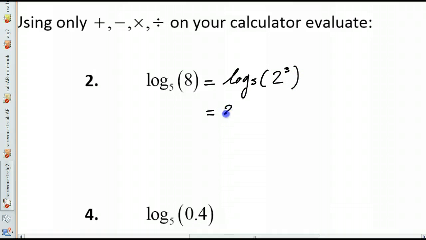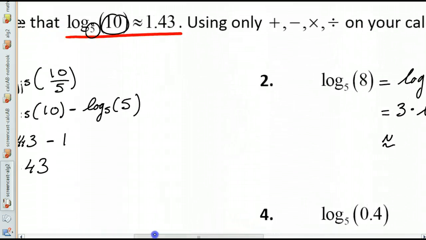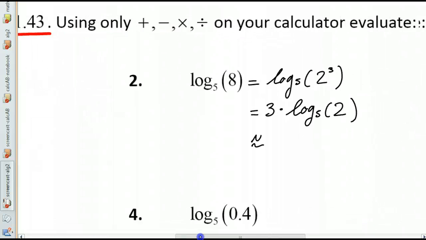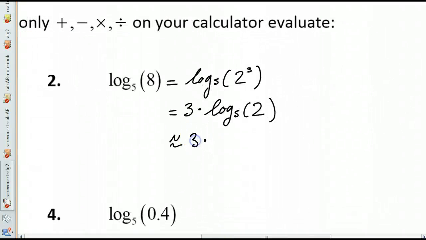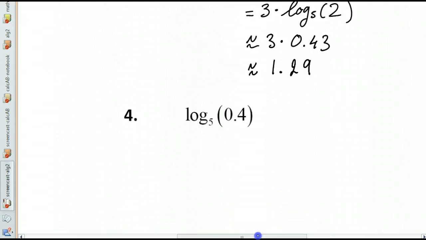Because now I'm applying another property of logs that says that the power can go down in front and multiply the log, okay? And the log base 5 of 2, which we just found in the previous example, is 0.43. Therefore, this is 3 times 0.43, which is about 1.29. Okay, good. Let's keep on moving.